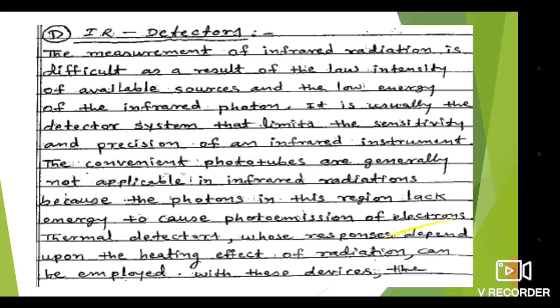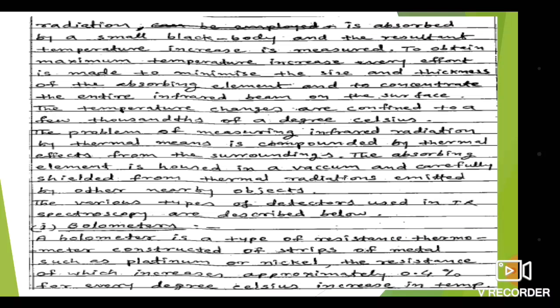With these devices, the radiation is absorbed by a small black body and the resultant temperature increase is measured. The device is coupled with the black body, which absorbs radiation, and the increase in temperature is measured by means of a detector.